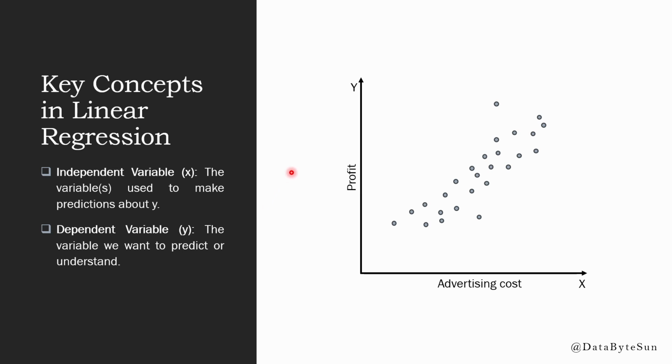When we plot advertising costs and profits, we often see a straight line relationship, which is where our linear regression model comes in. This yellow line represents our best fit model. Remember, our key assumption is that there is a linear relationship between x and y.